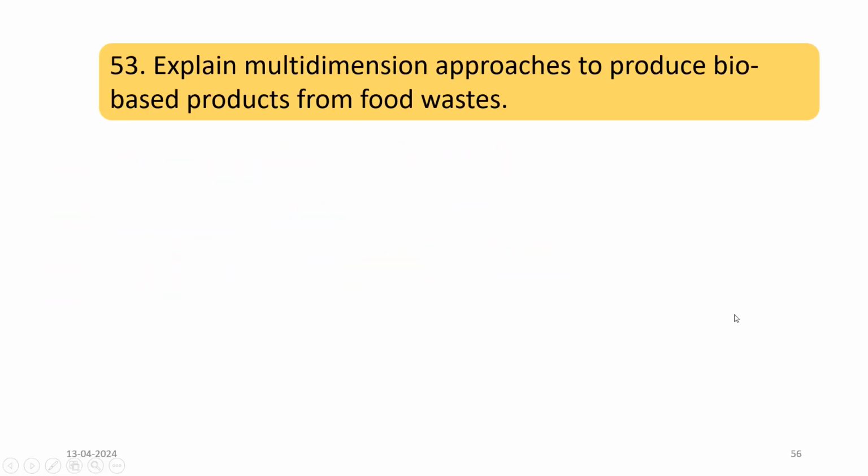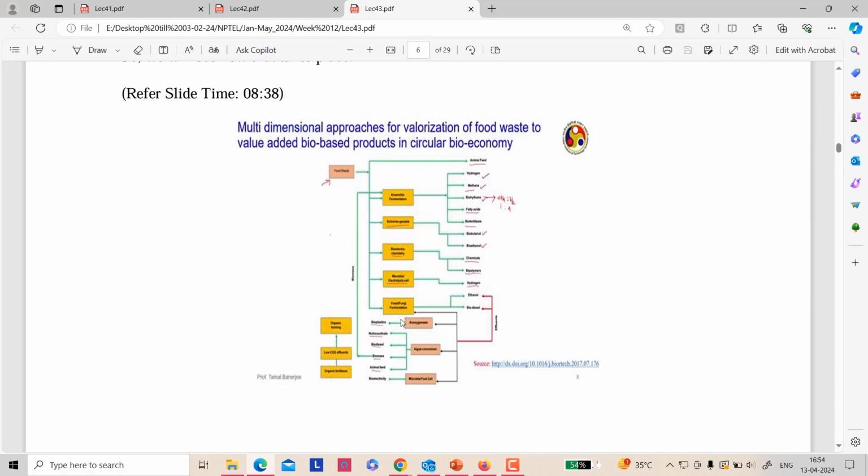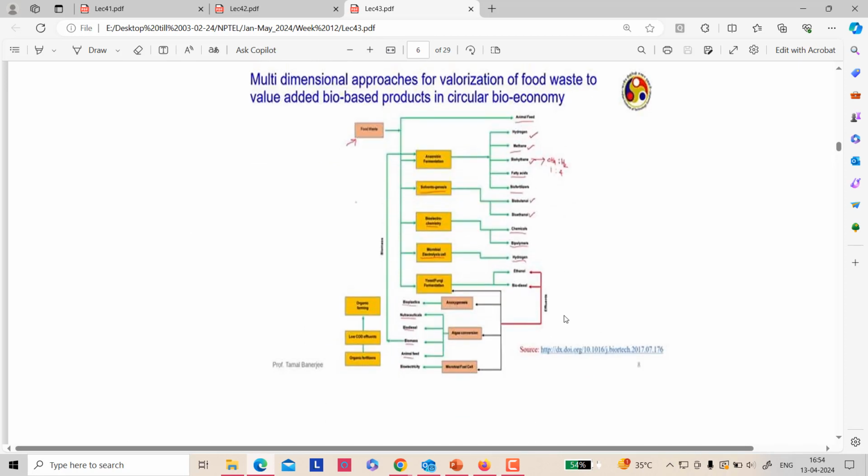Next, explain the multi-dimension approaches to produce bio-based products from food waste. So if we go to the lecture slides, you will see the multi-dimension approach, right? The first food waste we can see is the animal food.